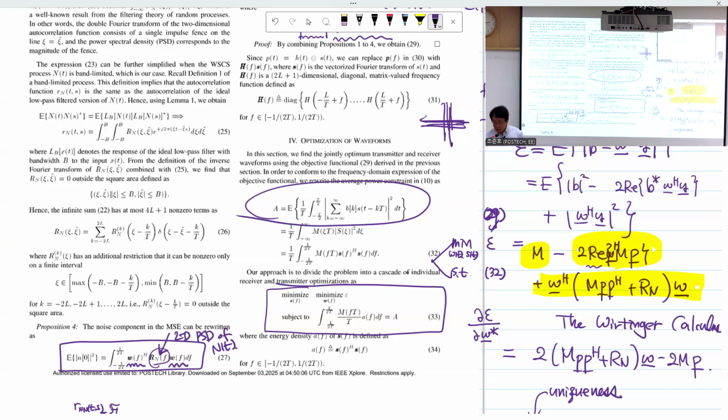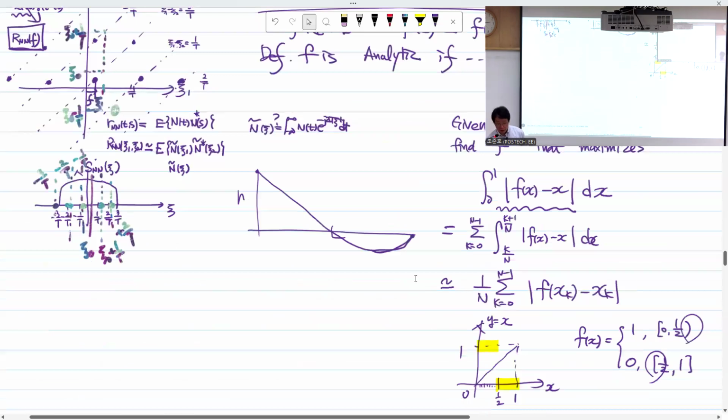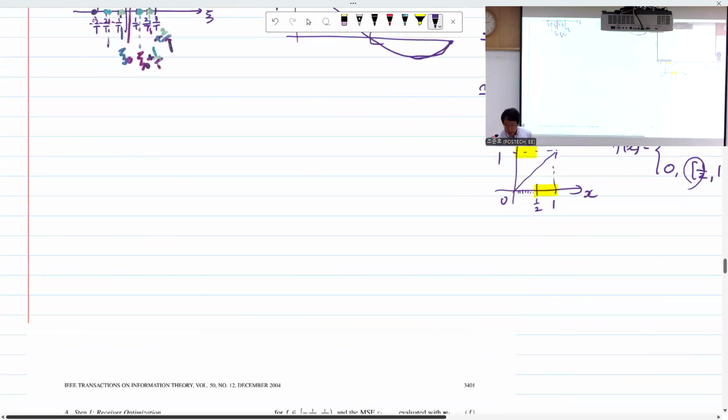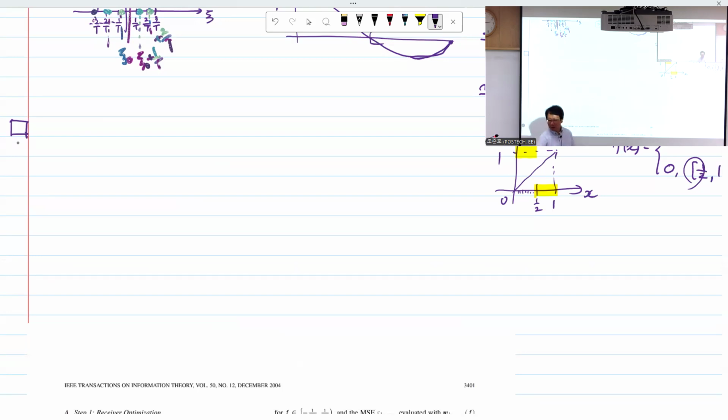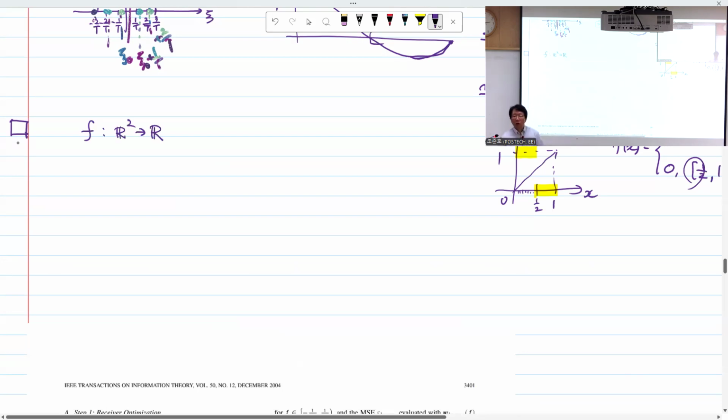And this is, interestingly, a simple trick and very important trick, but not appearing in many textbooks on optimization. I believe it's too obvious, so people never seriously teach this one. But think about this one. Here goes the simplified version. Suppose f is a real valued function of two variables, x and y.